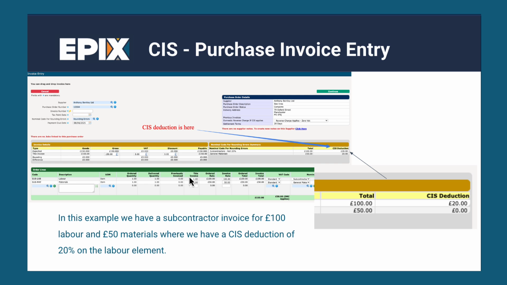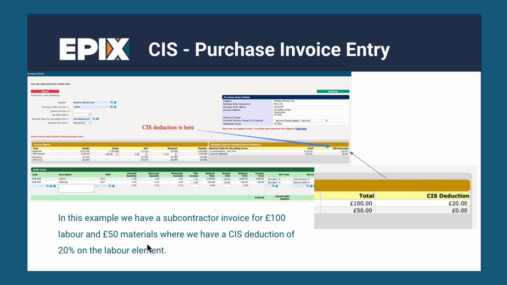When we record our invoice from our subcontractor, we are giving you the little box over here on the right hand side to indicate the CIS deduction that's been applied based upon the nominal codes for the order lines on this order. So over here we've got our CIS deduction of £20, which I've zoomed in on so you can see it, and that is from the 20% deduction on the labour element of this supplier invoice.